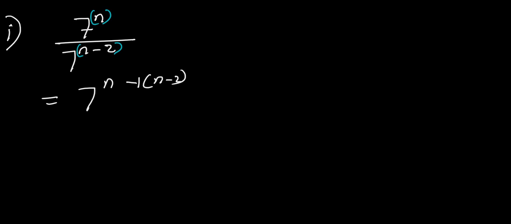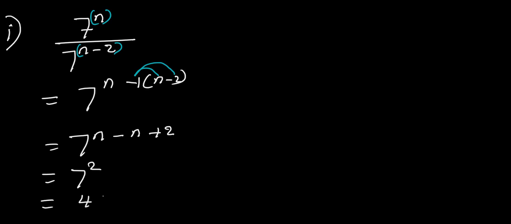So we can distribute -1 into this and also into this. So when we do that, this will become 7 exponent n, negative 1 times n is negative n, okay, -1 times -2 is plus 2. So now n minus n is 0, and so automatically this becomes 7 exponent 2, which can finally give us 49. Final answer.